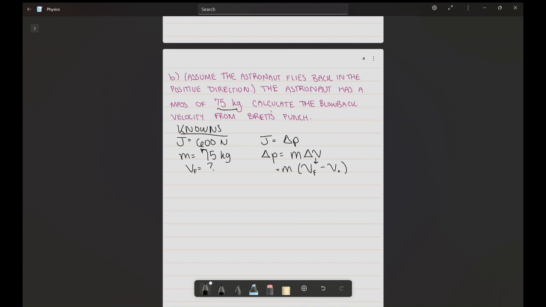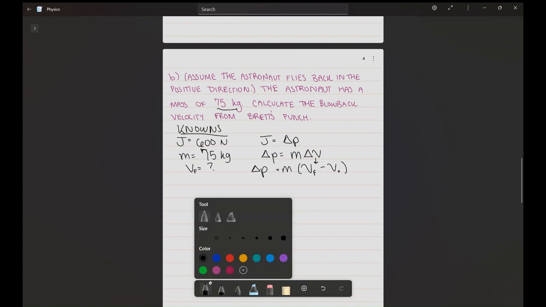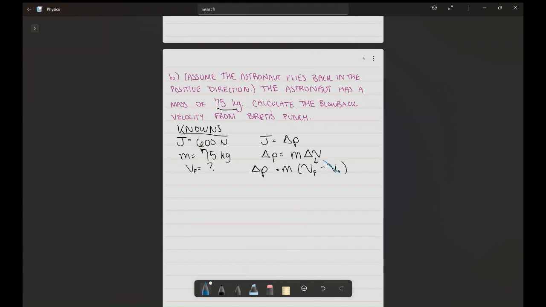We're going to carry the rest of the equation down here. And like I said, our V naught is 0 just for simplicity in this case, so we're going to ignore that for now because it wouldn't really matter in our equation. Now our delta P is equal to m V F. If we want to solve for V F, we have to divide both sides by m to isolate it.